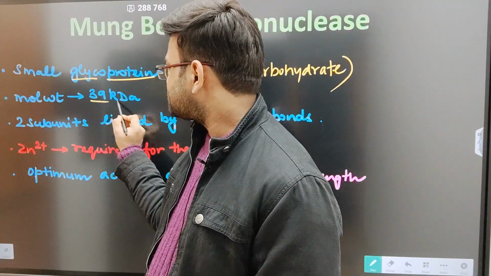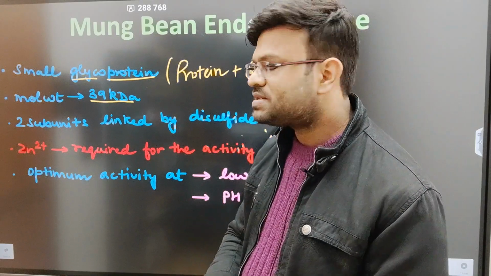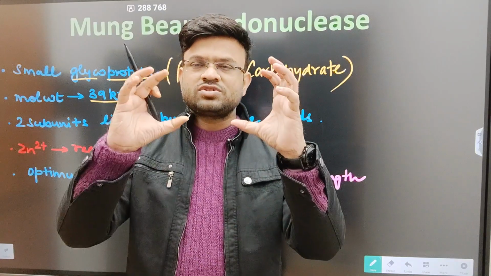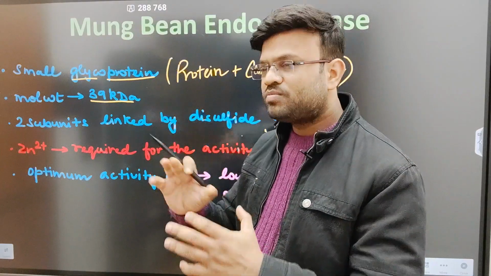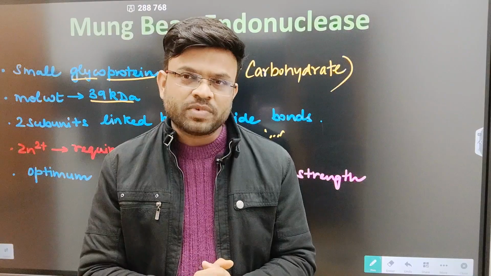Now, what is the molecular weight of this Mung bean endonuclease? The molecular weight is 39 kilodalton. Basically, this Mung bean endonuclease comprises two subunits, two entities that are linked together by disulfide linkages, and both the subunits together are called Mung bean endonuclease.